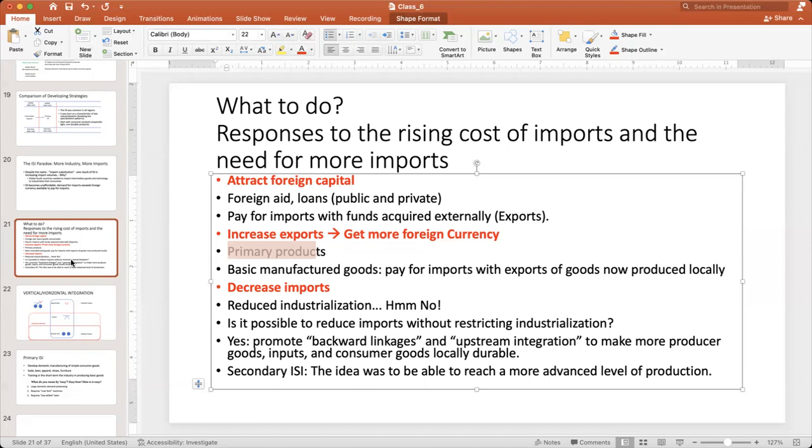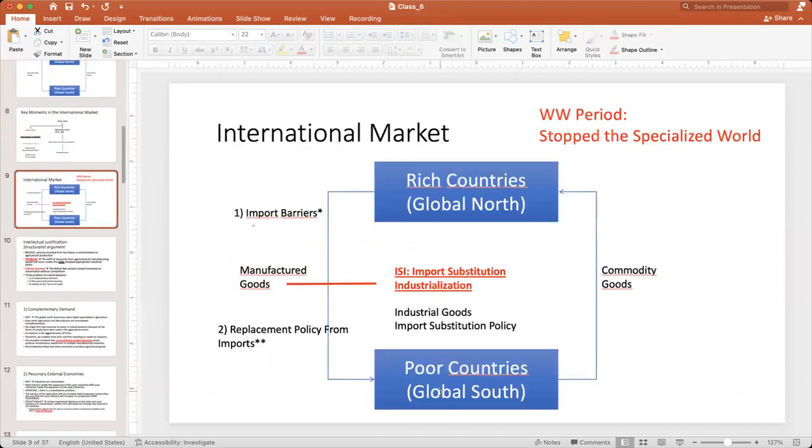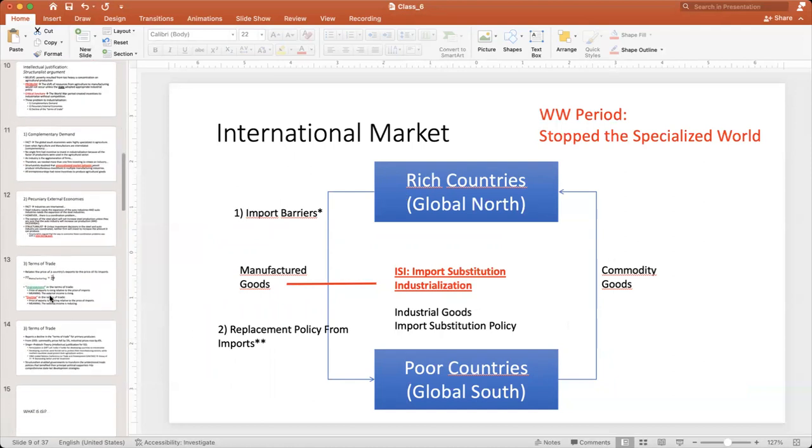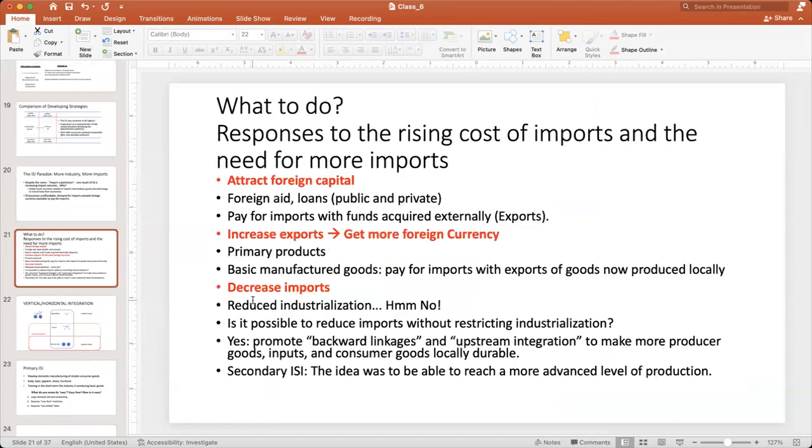However, that was a problem because the global North was in a recession, so they couldn't buy the commodity goods from 1930 to 1945, 1950. So that strategy was not a real option.